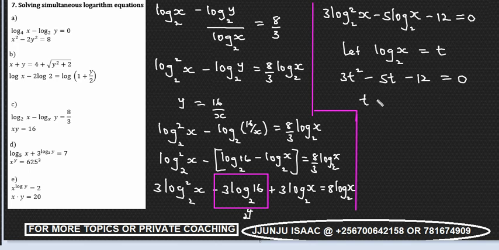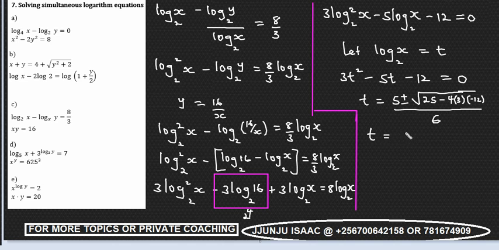So our t will be equal to negative b, which is 5, plus or minus the square root of b squared, which is 25, now minus 4ac, minus 4 times a which is 3, c is negative 12, then divided by 2a, which is 2 times 3, and that is 6.